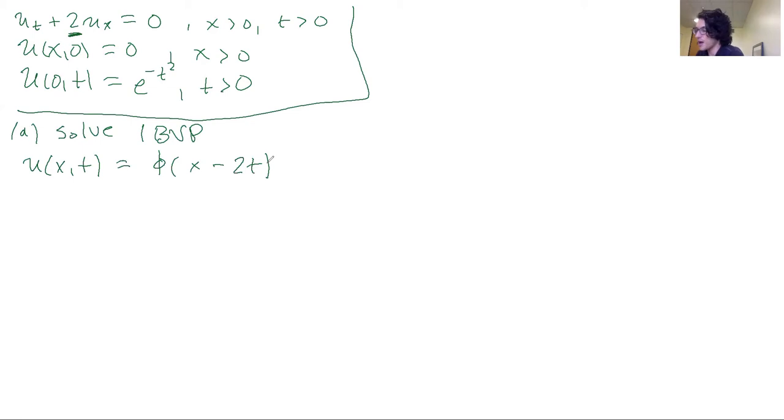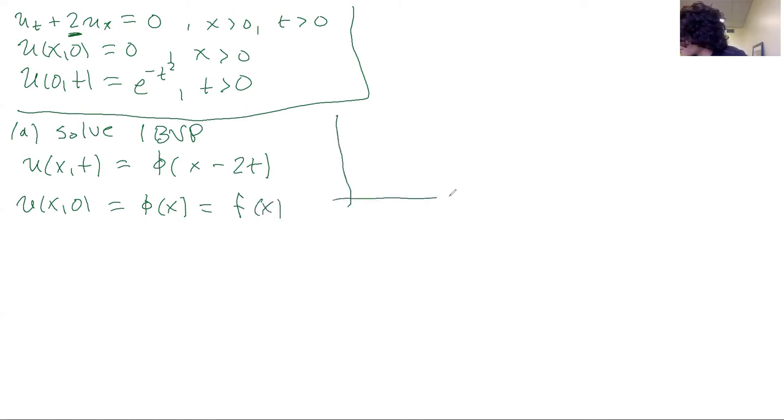So we have something phi of x minus 2t, and applying our initial condition, this means that u of x, 0 is going to equal phi, and we know that that has to equal f of x. So that is going to give us the solution that emanates from the initial condition here.